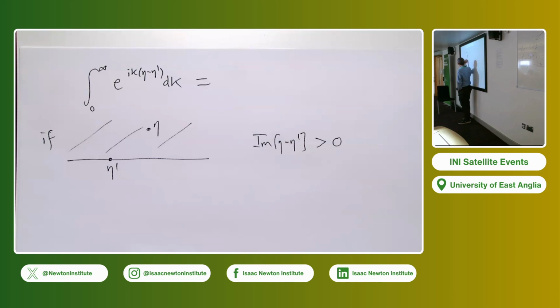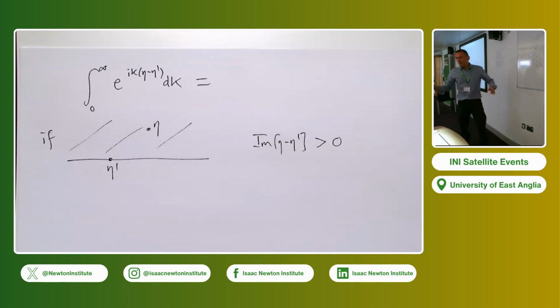Notice I've taken the range on the k integral. It's just the exponential function. What's the integral of an exponential function? It's this thing divided by i (eta minus eta prime), right? The only thing I have to worry about is, does it converge? I need the upper range of integration to be finite. But look, k is positive, there's an i there, and this has positive imaginary part if they lie like this.